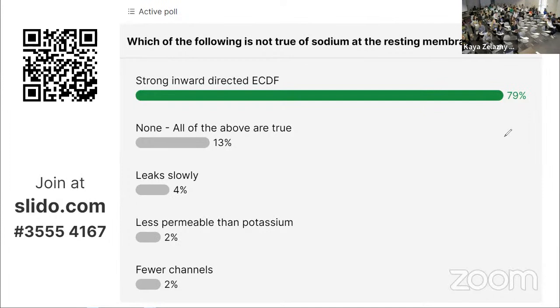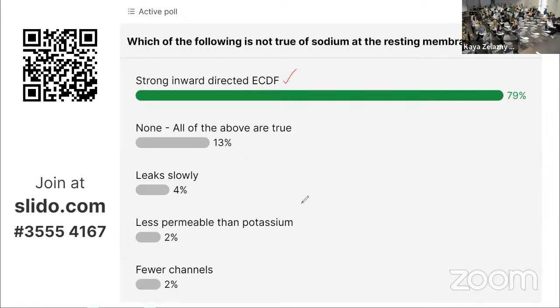The top one is the main thing we've been talking about so far. I'm glad that we all recognize this is true: we have a strong electrochemical driving force for sodium to move into the cell. That is true, but actually all the rest of these options are true as well.